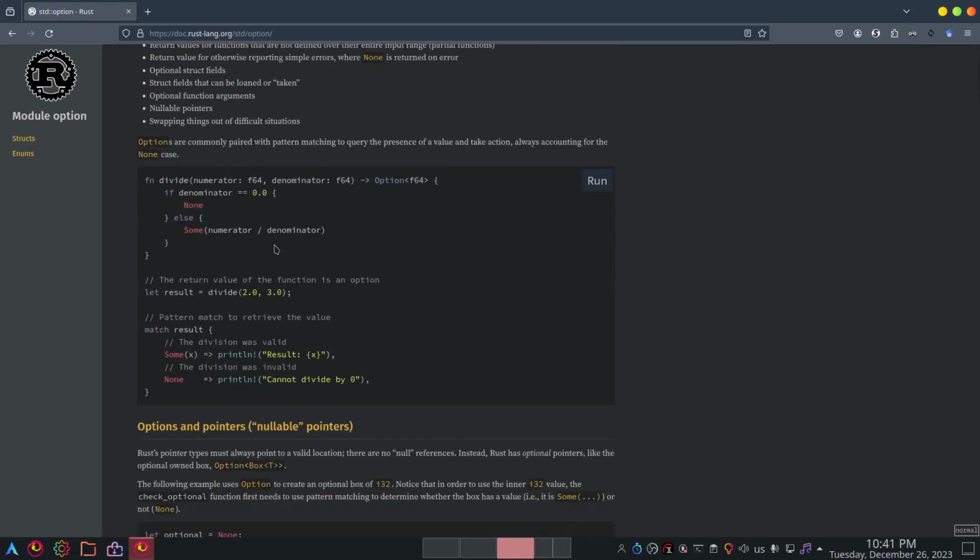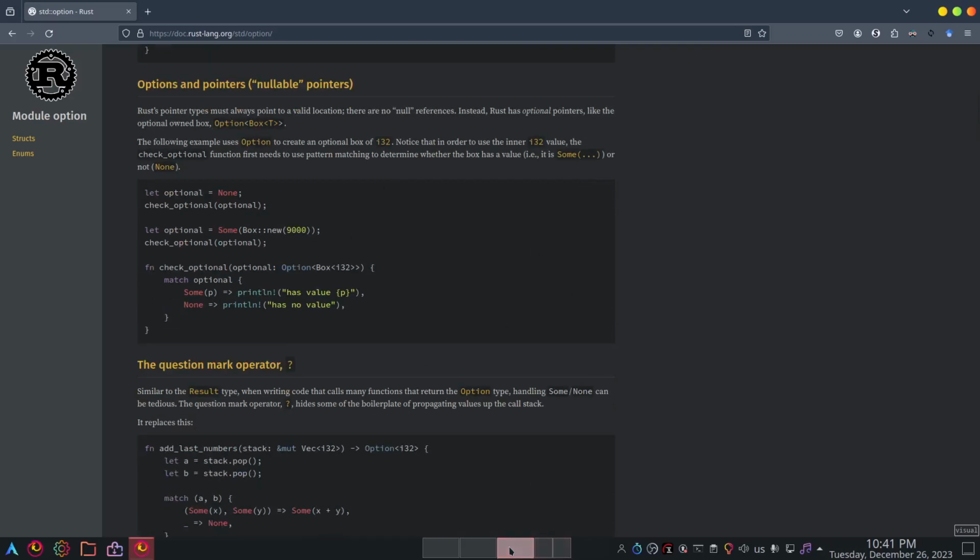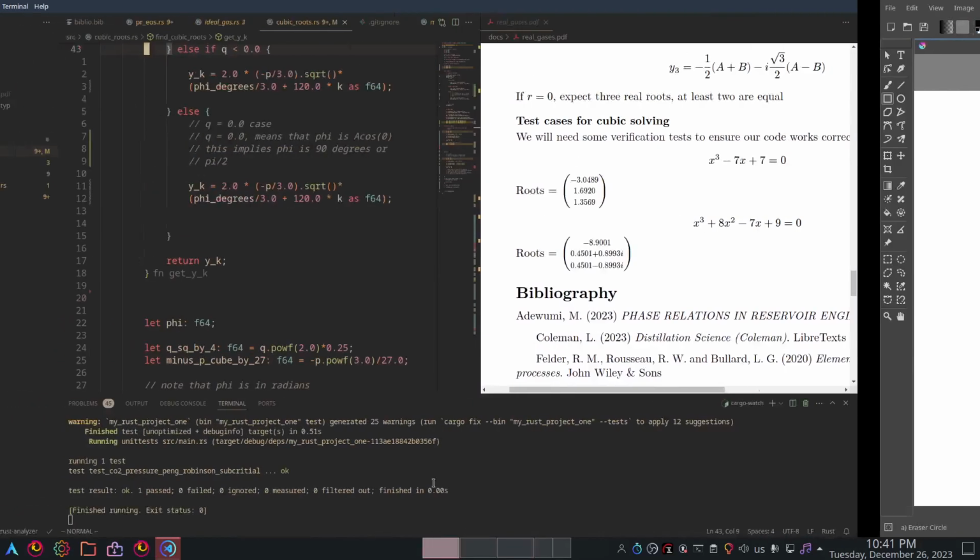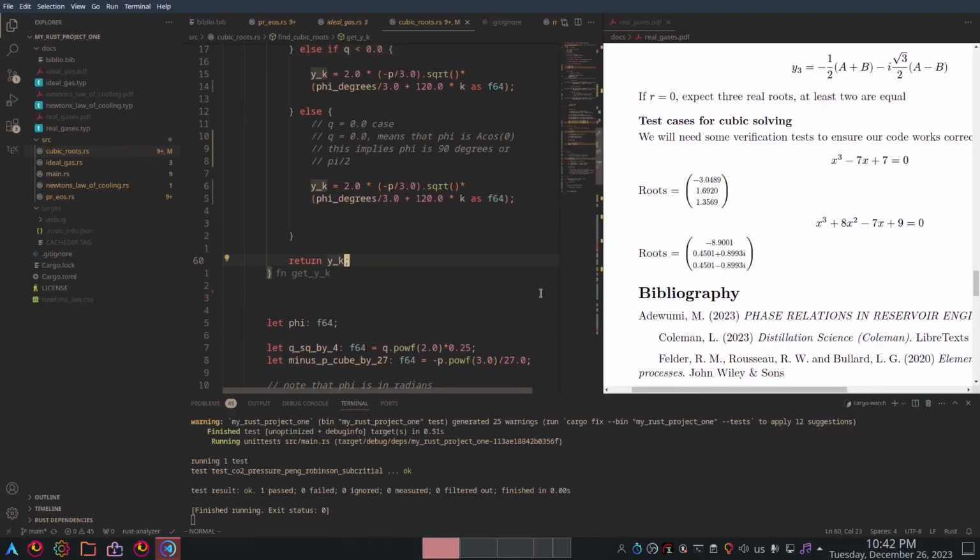For example, this is the divide code, the example they give. If you divide something by 0, then this is undefined. So this is what you would use to say that sometimes y1 and y2 are defined, sometimes not. We use this option enum.